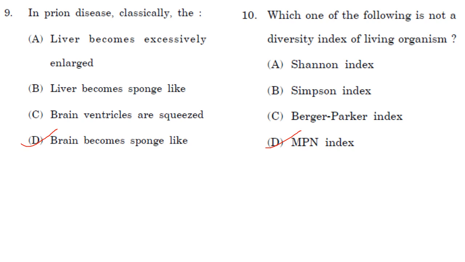These misfolded prion proteins begin to accumulate and form clumps in the brain, damaging the nerve cells. And this damage causes tiny holes to form in the brain tissue, making it appear like a sponge under the microscope. That is why prion disease is called spongiform encephalopathy. So the answer here is option D, brain becomes sponge-like.